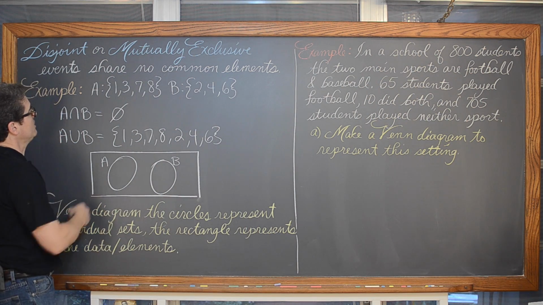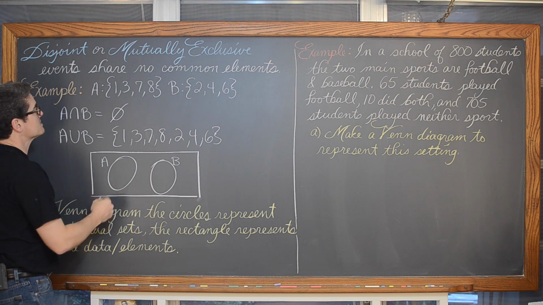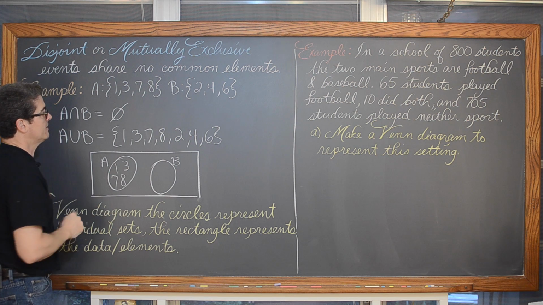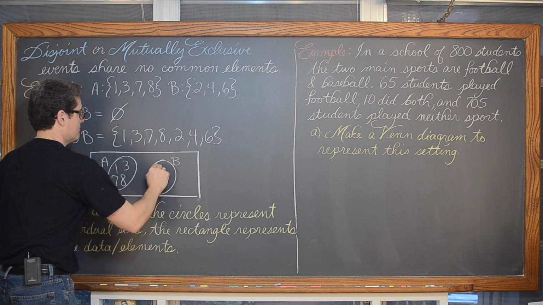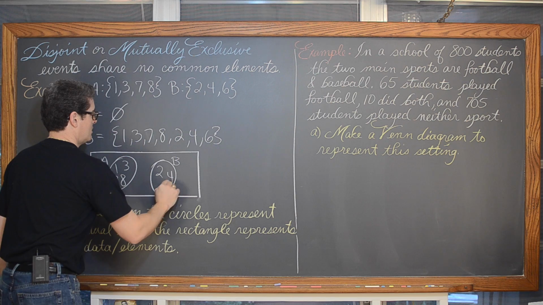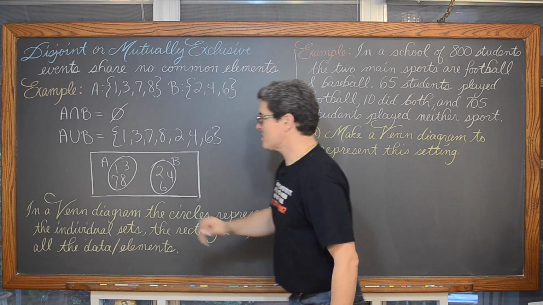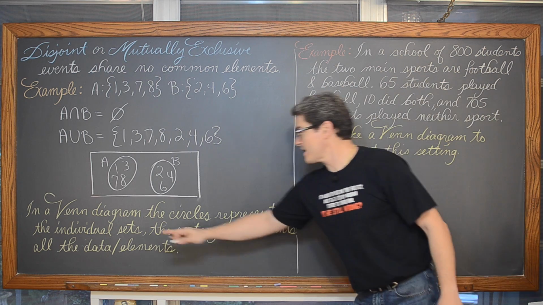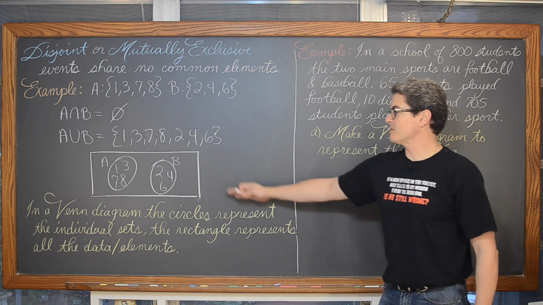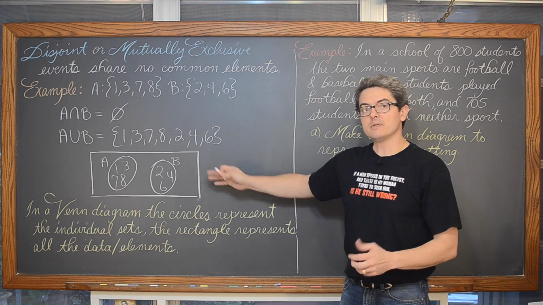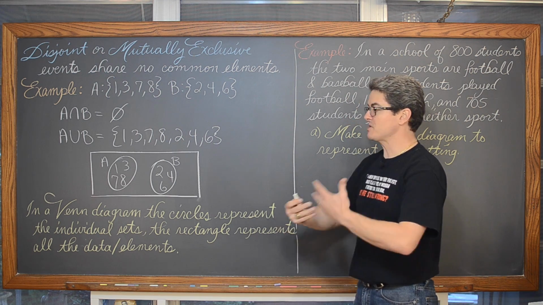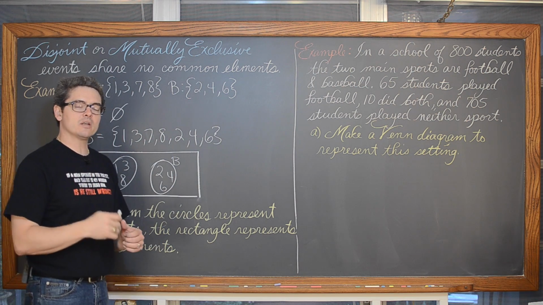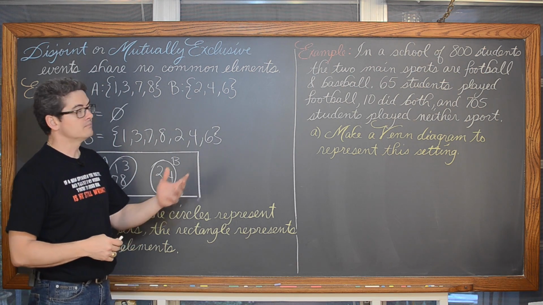In set A, we have the elements 1, 3, 7, and 8, and in set B, we have 2, 4, and 6. And one more time, in a Venn diagram, the circles represent the individual sets, and the rectangle represents all of the data or elements that could be considered in whatever particular situation you're dealing with in that problem. We'll be looking at that as we go through our examples.